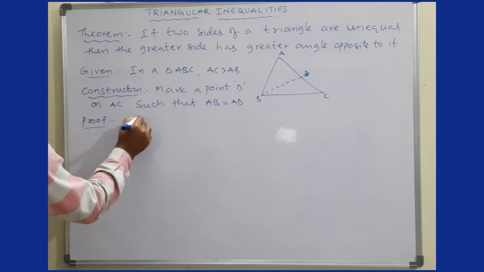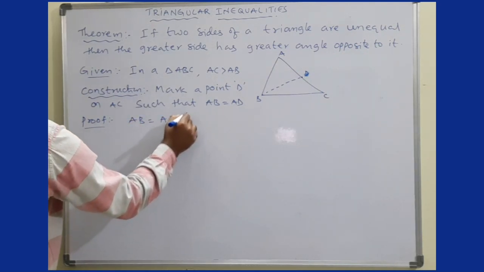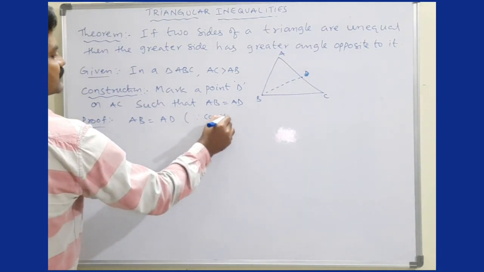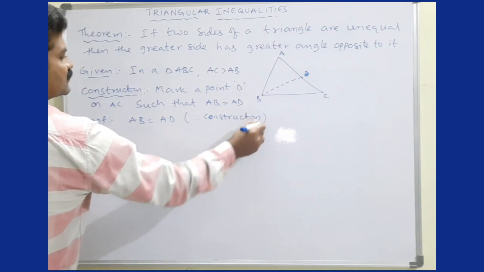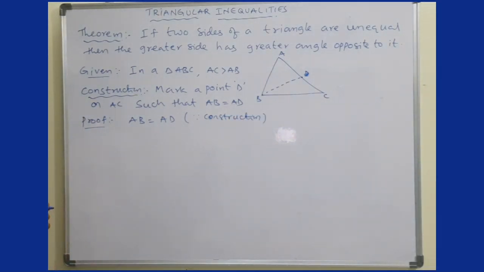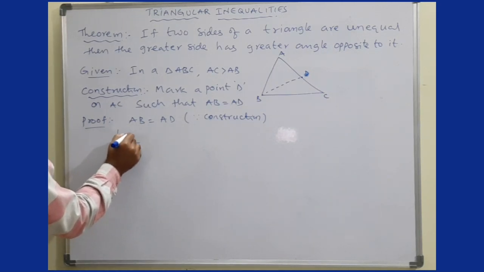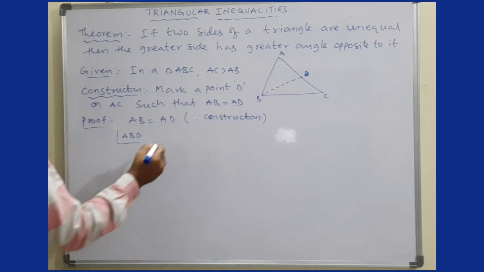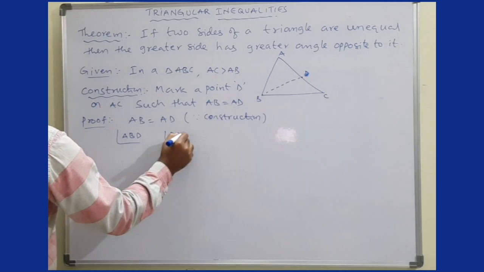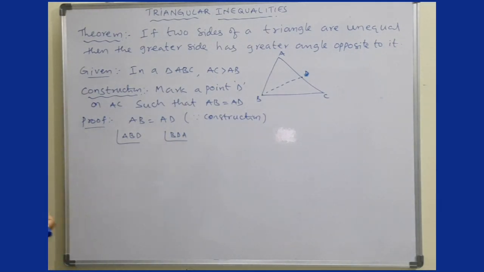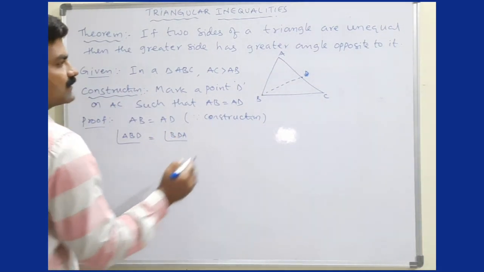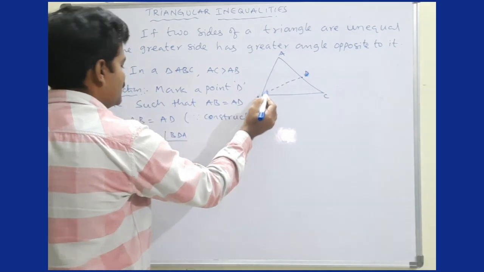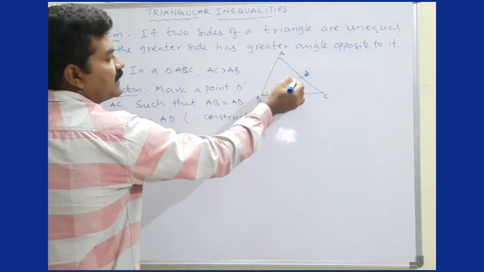See, just now we constructed that AB is equal to AD because of construction. Now what can you say about angle ABD and angle BDA? I think these two are equal. ABD, this angle, and ADB, this angle. Why?